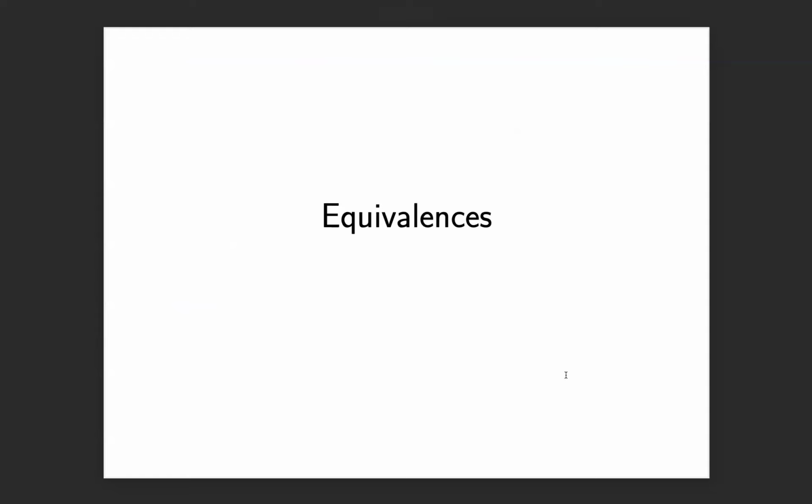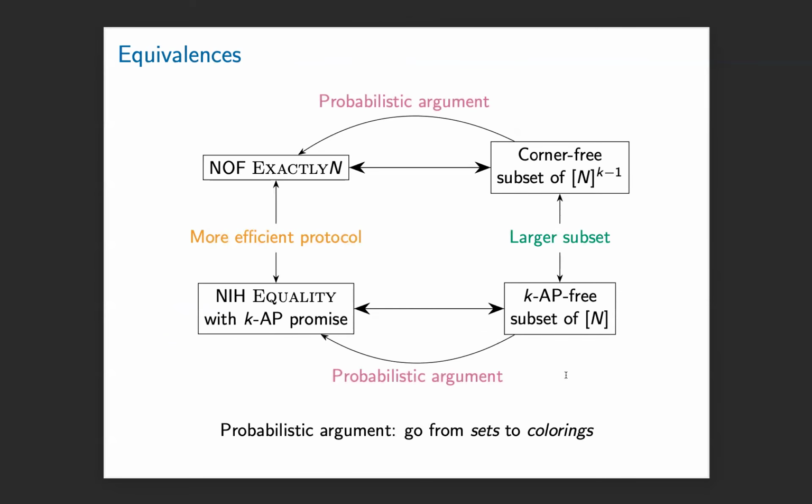Okay, so the next thing that I skipped was I said that there were these equivalences here. And the probabilistic argument that I was glossing over is this same set translation thing that we saw earlier. We're going to use probabilistic set translation to transform these sets into colorings.